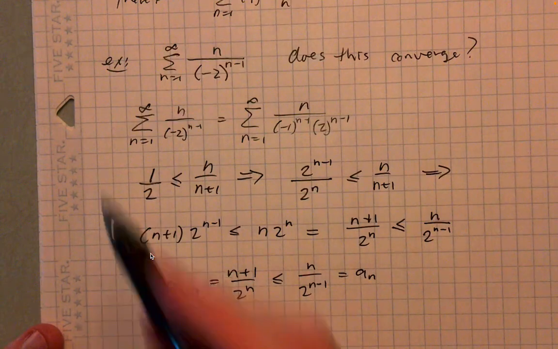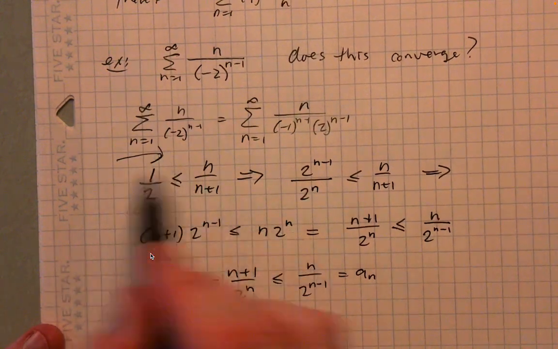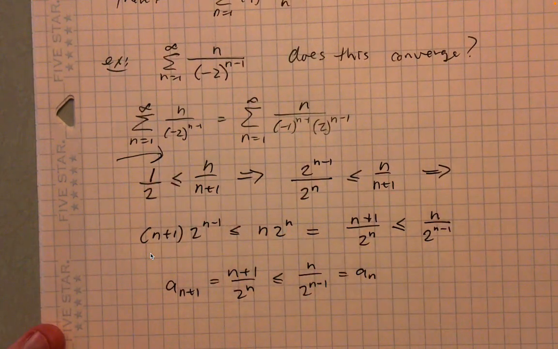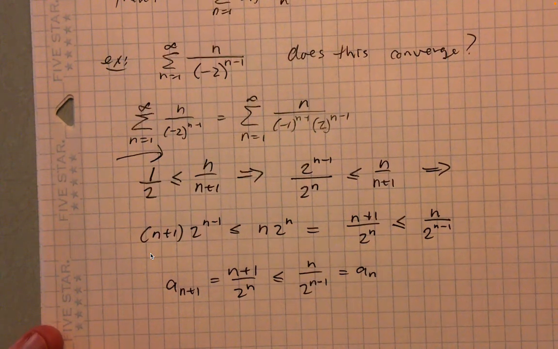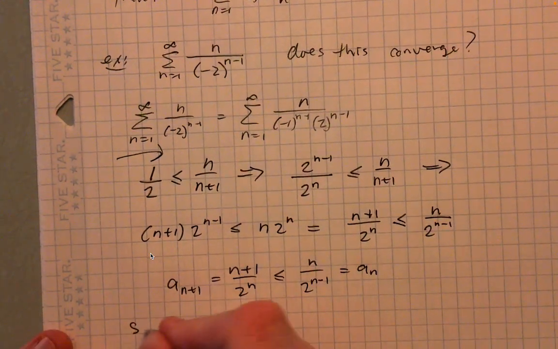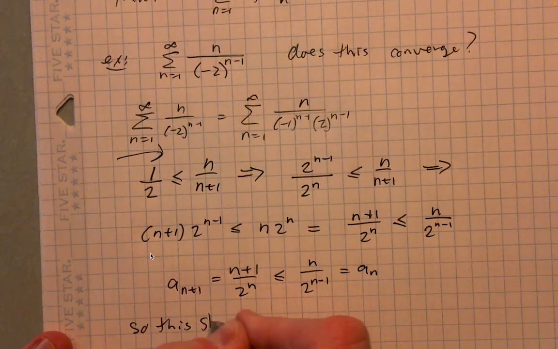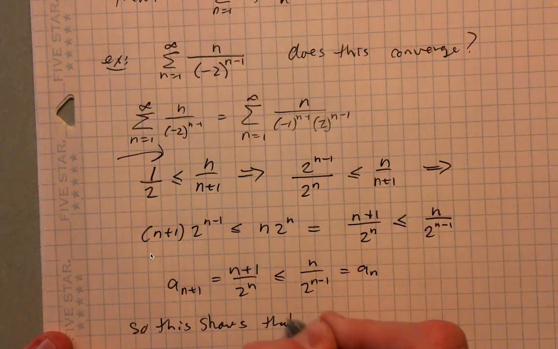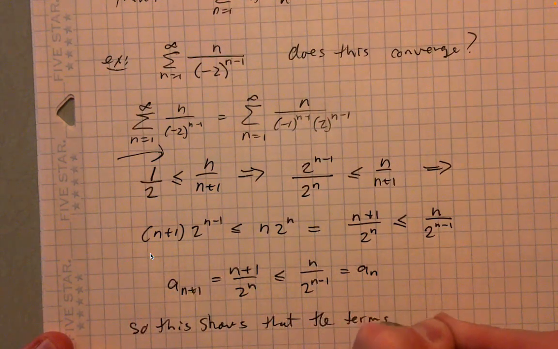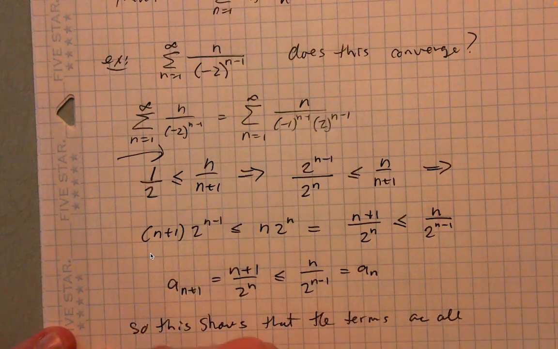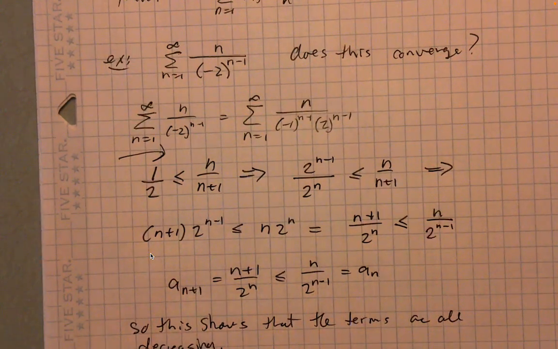But I kind of did it ahead of time, and you can see that it goes this way. Okay, all right. So what does this establish? Well, this shows that the terms are all decreasing. Okay, they're all decreasing.